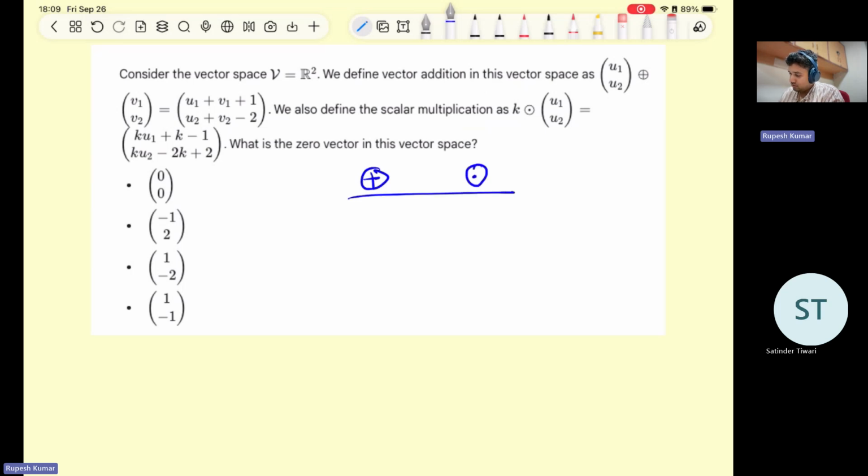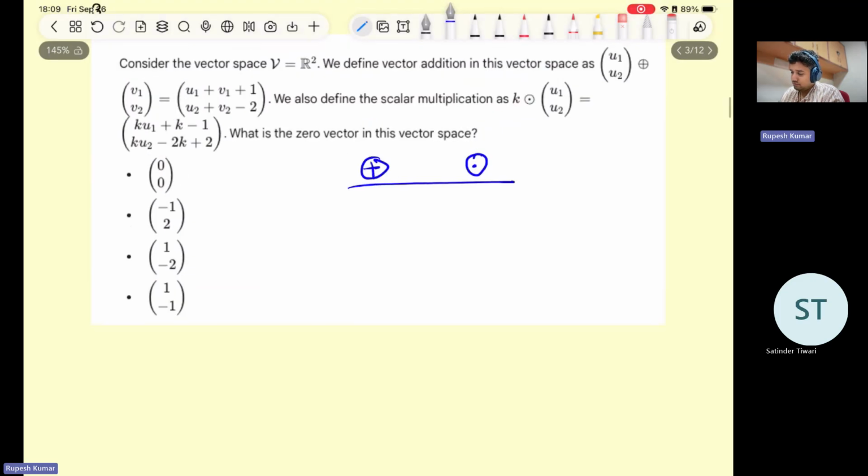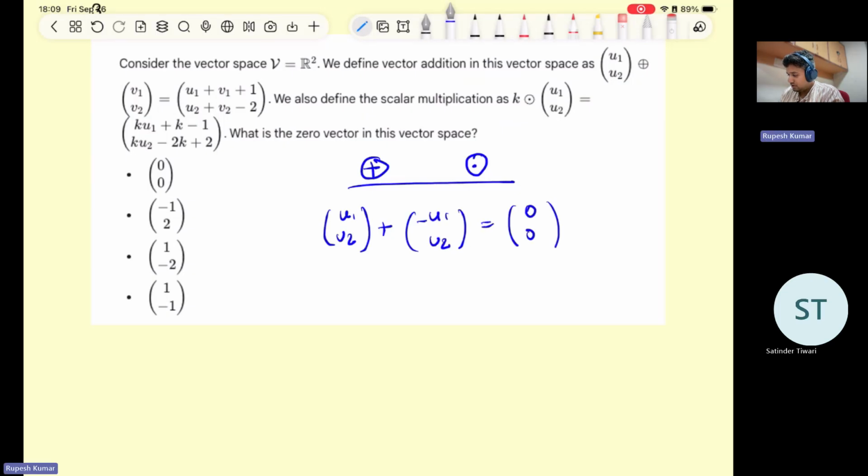And then the question is, what is the zero vector in the vector space? So what is the definition of a zero vector? Let's say you have a vector u1, u2. Then if you add it with the negative of u1 and u2, you should get the zero vector, right?